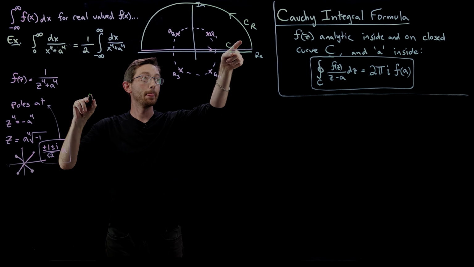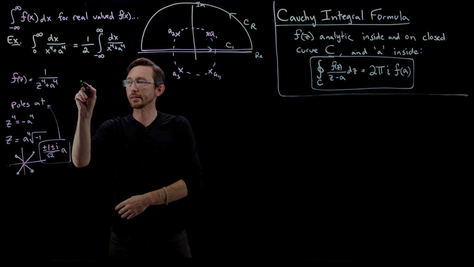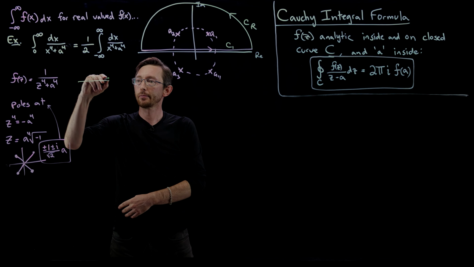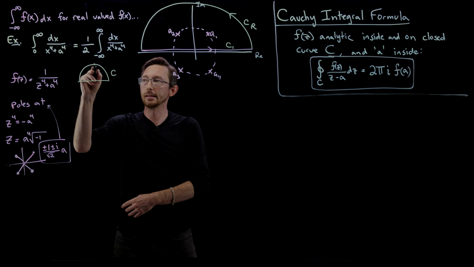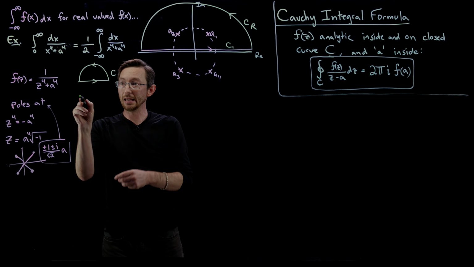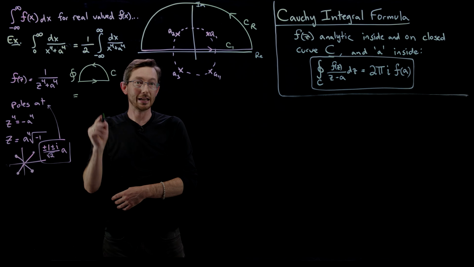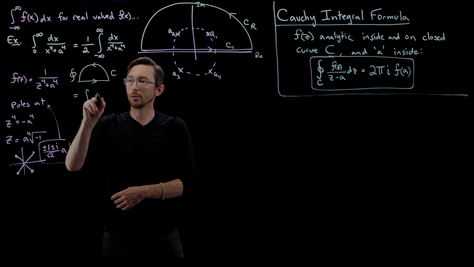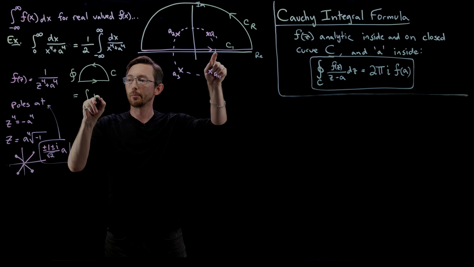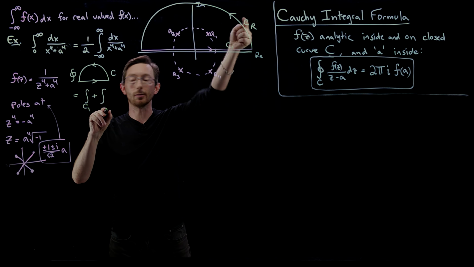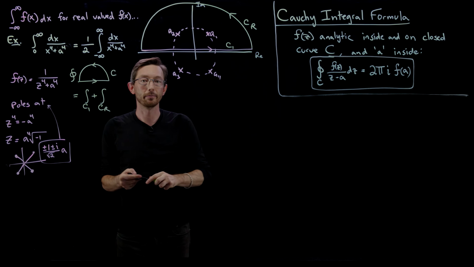Essentially, we know this whole thing, so I'm going to do some surgery here. Please bear with me. This plus this, we're going to call C. And the integral of this closed contour equals the integral around C1 plus the integral around CR of my complex function.